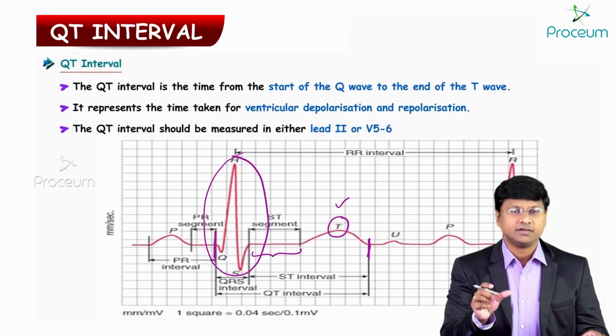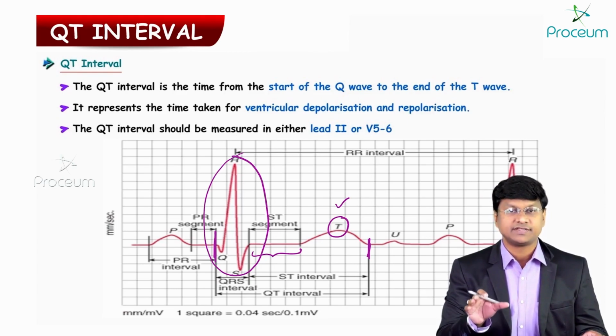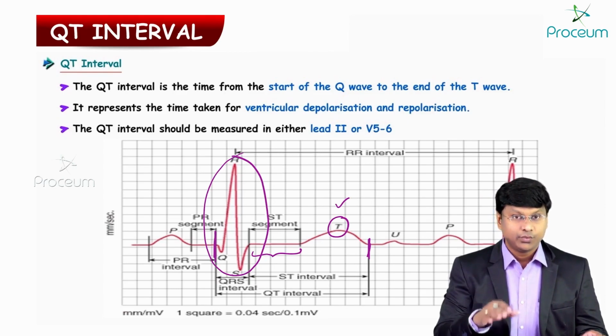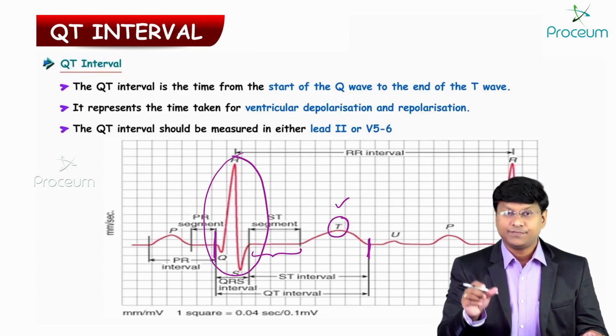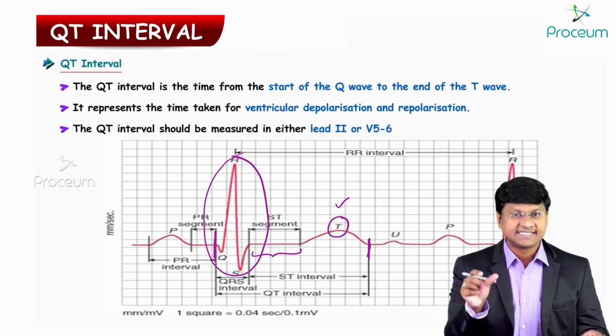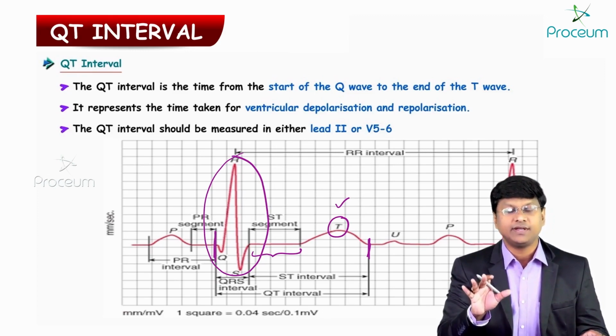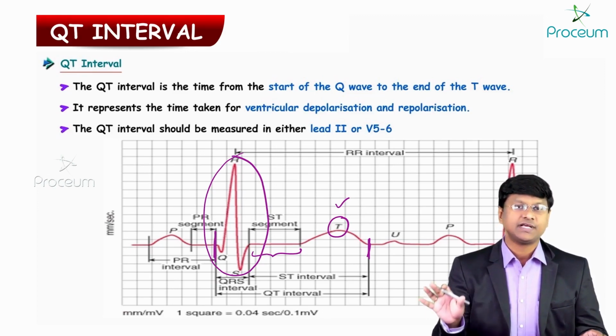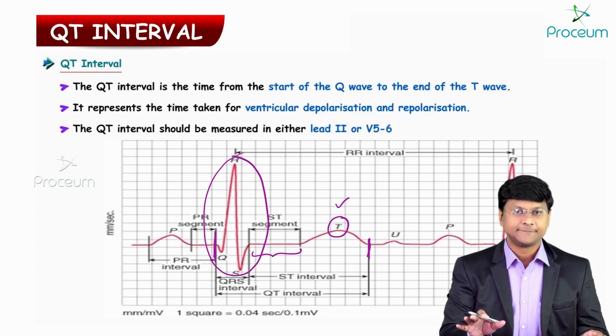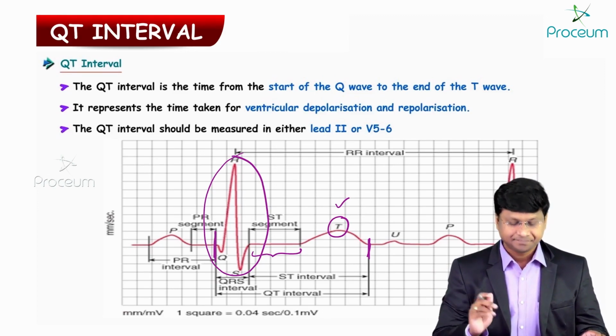An interval will have a wave as well as a segment, an isoelectric segment. Whereas if you take the ST segment, a segment means you will have only an isoelectric baseline. You don't have a wave in a segment, right? So this is a little basics.